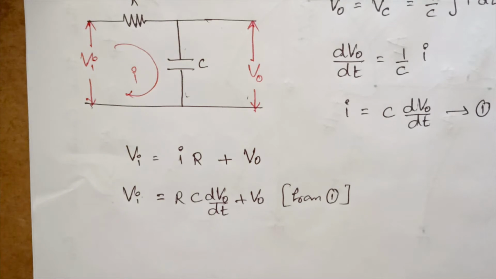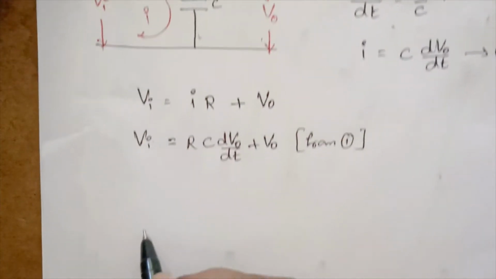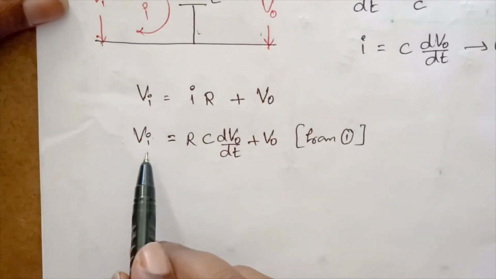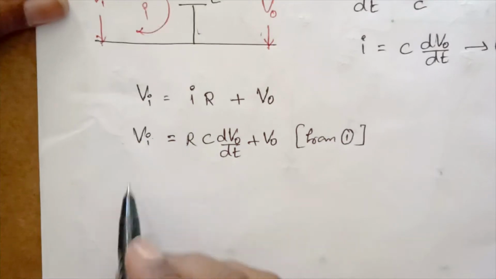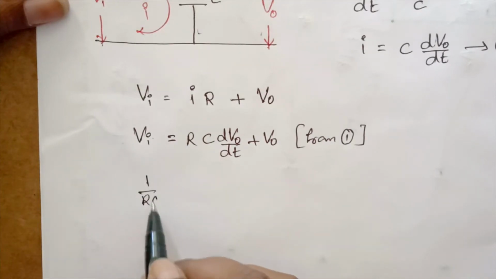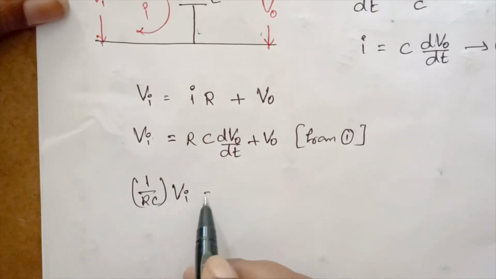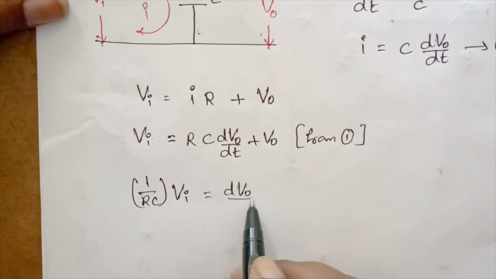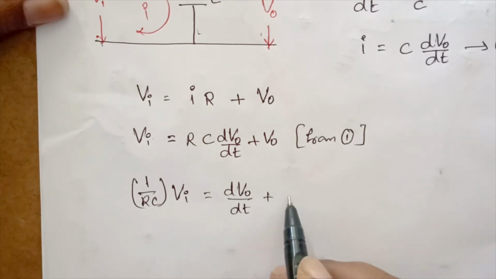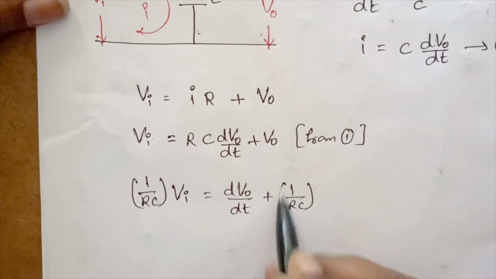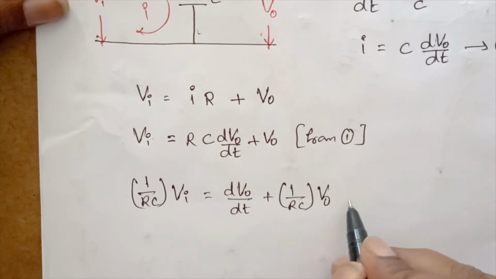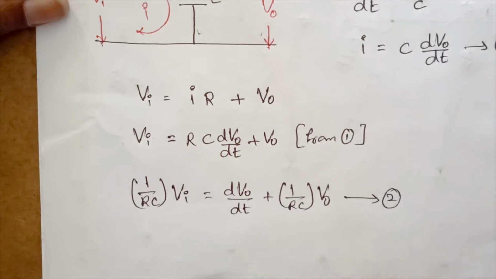The same expression can be rewritten by dividing the total expression with RC, and then it becomes 1 by RC into Vi is equal to dV0 by dt plus 1 by RC into V0. Let this be equation number 2.